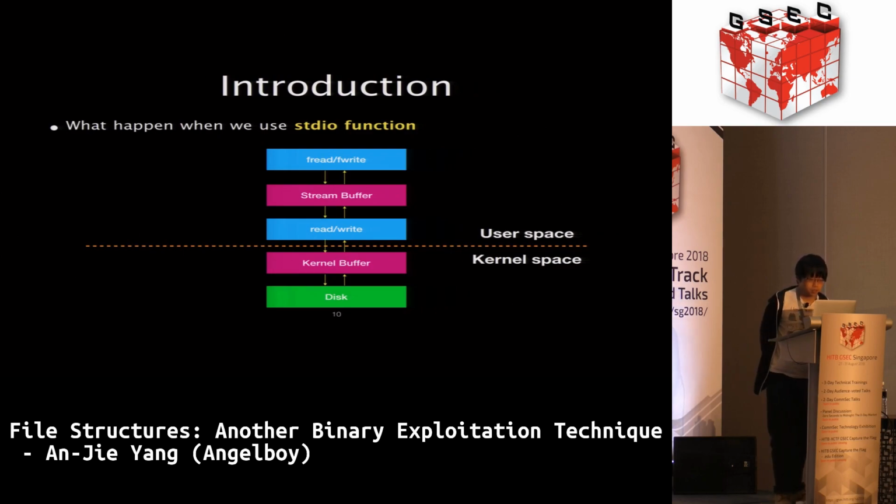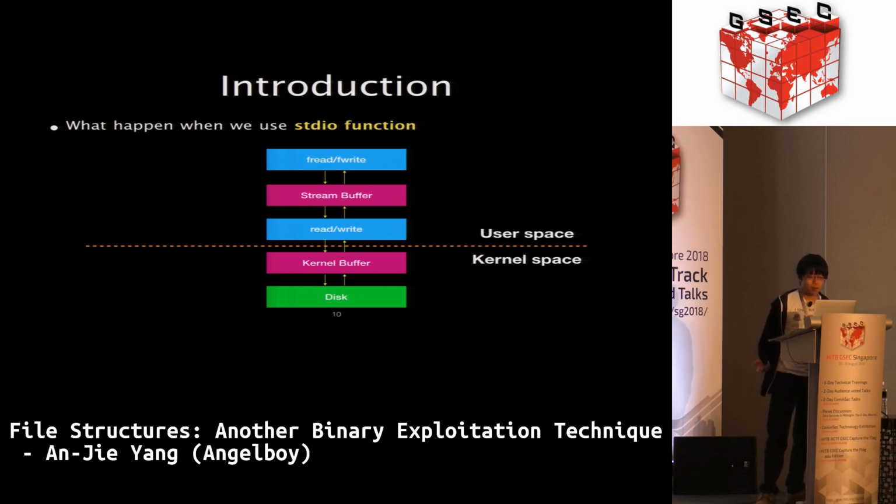After adding the stream buffering mechanism, the architecture diagram is as follows. So, when we use fread or fwrite to read or write a file, it will create a buffer in user space. Just like the system calls open and write, it will read a lot of data from the kernel buffer to the stream buffer.